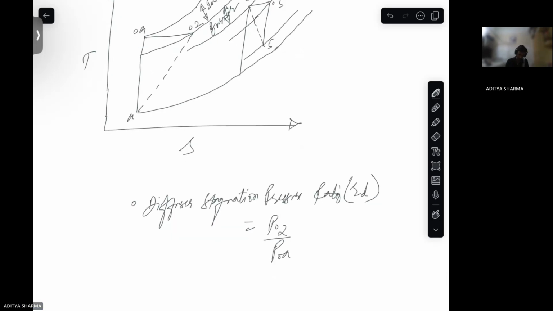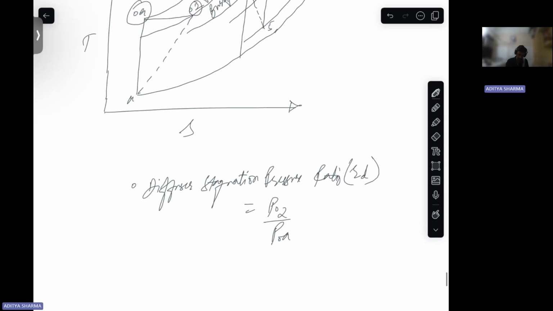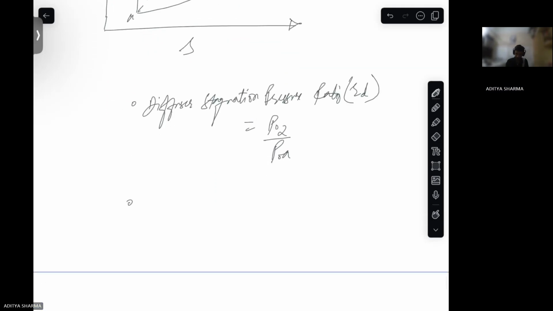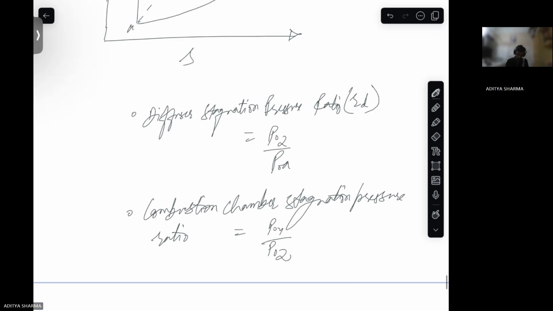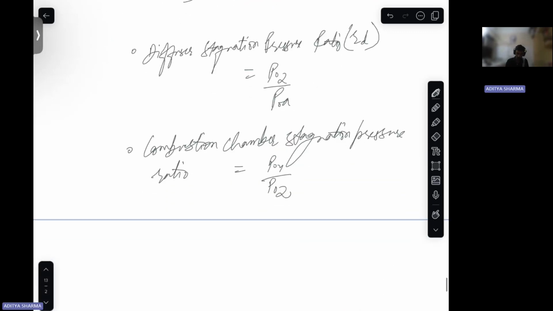Okay, so this and this. P02 is less than P0A. Then is combustion chamber stagnation pressure ratio, which is equal to P04 by P02. This also, P04 is less than P02.